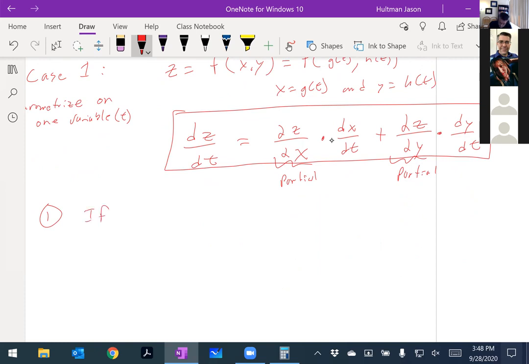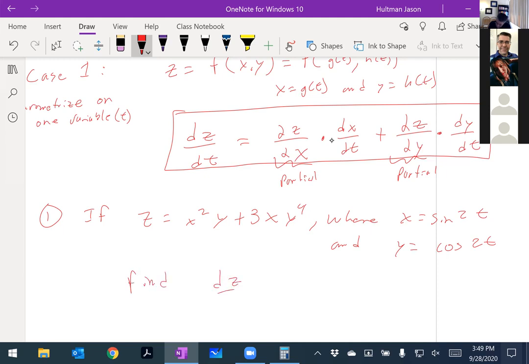Okay, let's do an example of case 1. If z equals x squared y plus 3xy to the 4th, where x equals sine 2t and y equals cosine 2t, find dz/dt, or we could say just z prime.